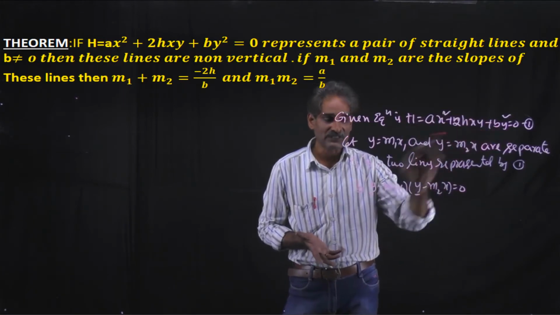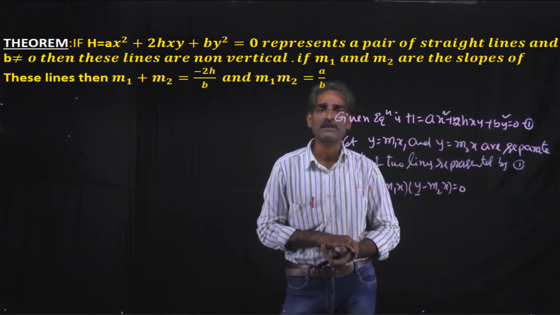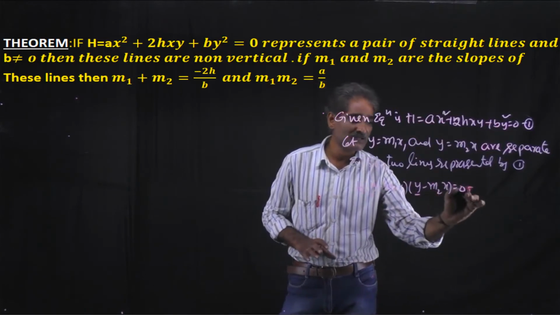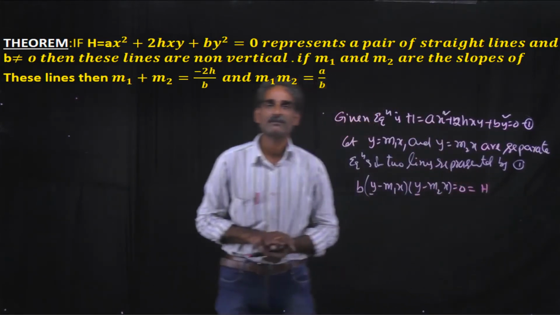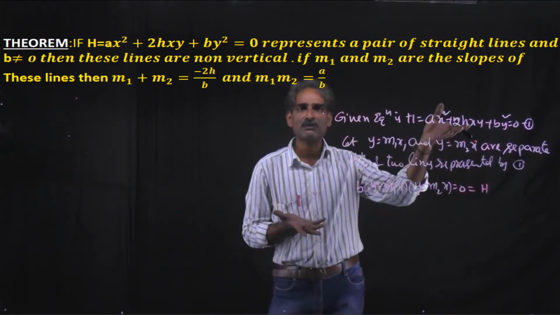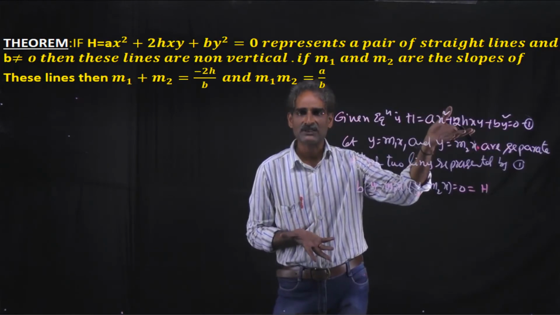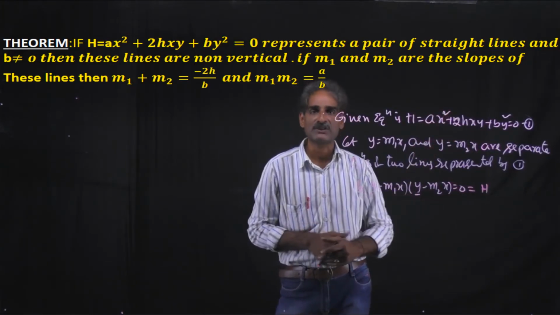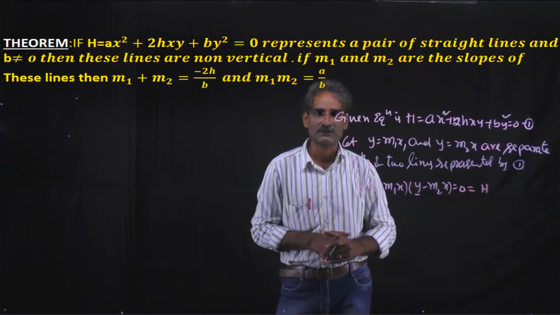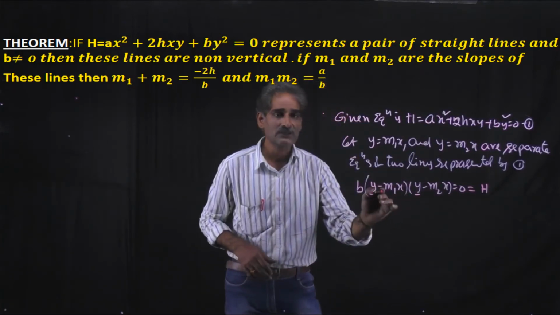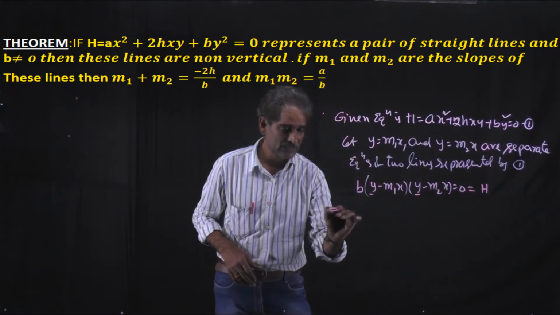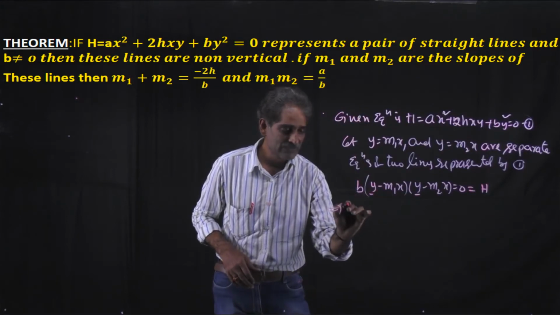So to compensate for that, just multiply this equation by b. This is nothing but h, because these are the separate equations of these lines. Understand? Now compare both the coefficients of the equations.